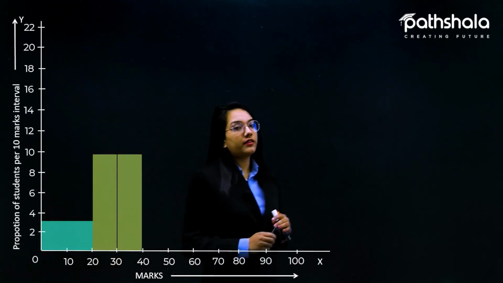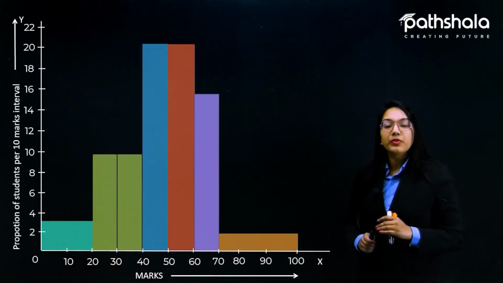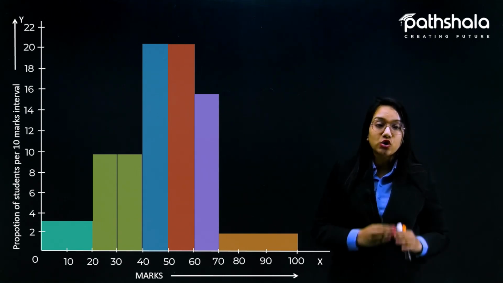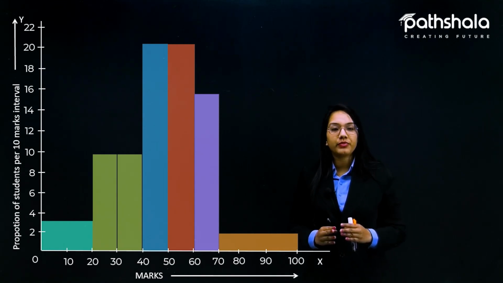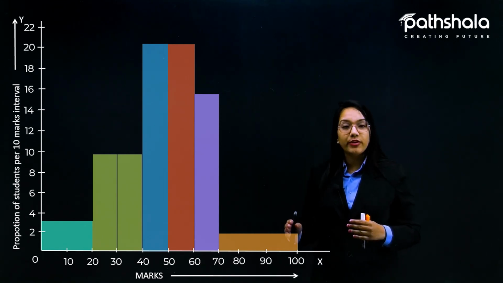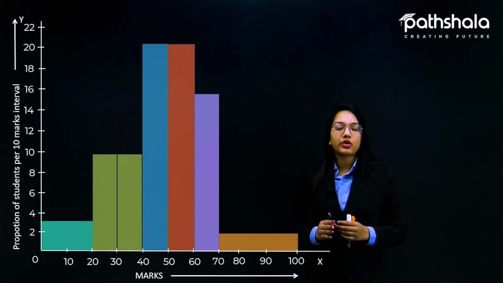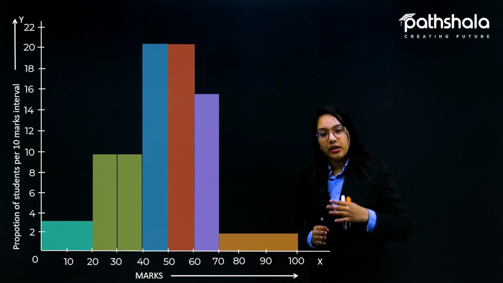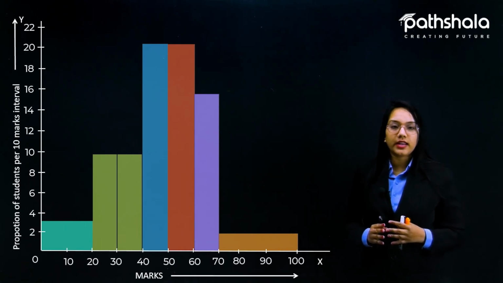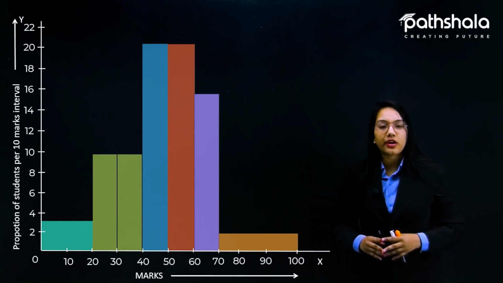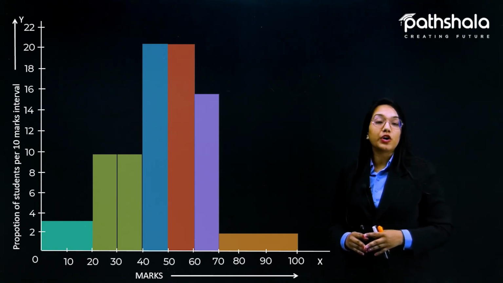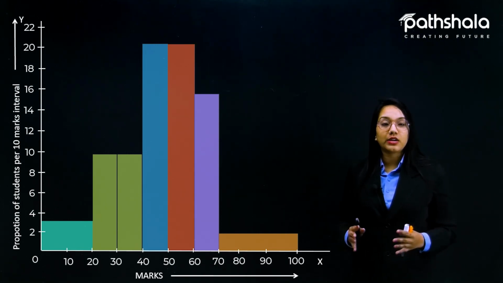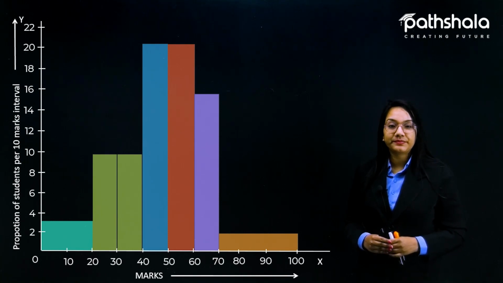Further, from 20 to 30 we have a reduced length, and further you can see this is the way that we have formed a new modified histogram, which definitely has varying widths, but in this particular histogram we have the correct information, and the condition is also satisfied that the areas of the rectangles are proportionate to their corresponding frequencies. So this is the way we can deal with two different kinds of histograms.